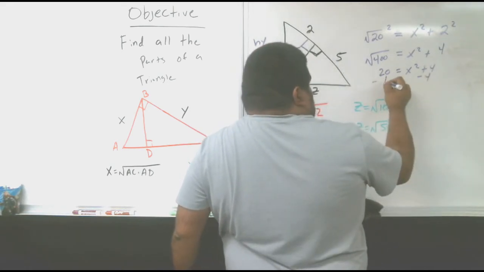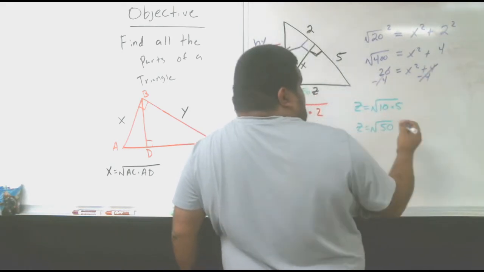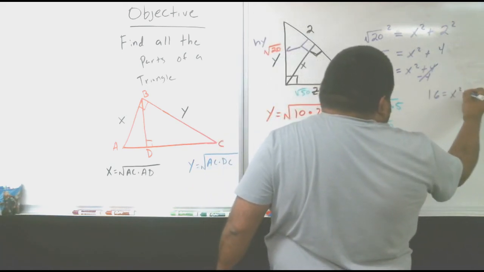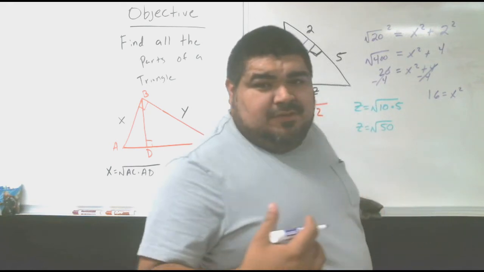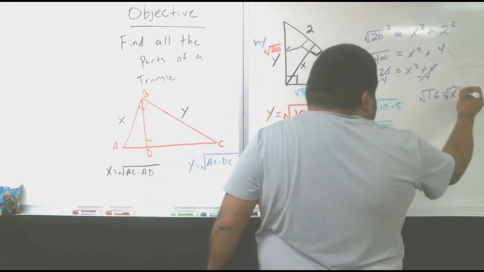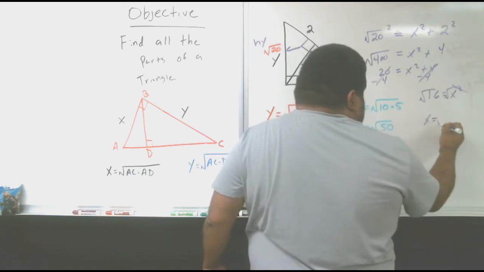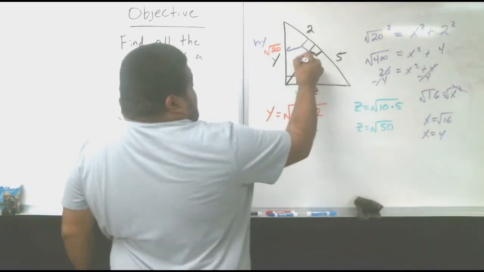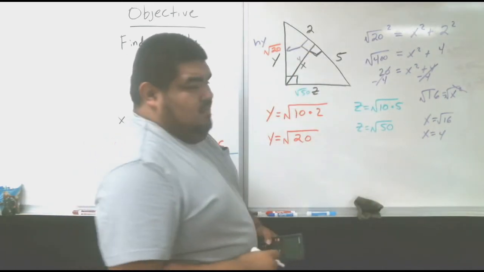Subtract 4 on both sides to leave x alone. So 20 minus 4 is 16 equals x squared. How do we get rid of an x squared? We radical it. Cancel out. So x equals radical of 16, which equals 4. So our x equals 4.